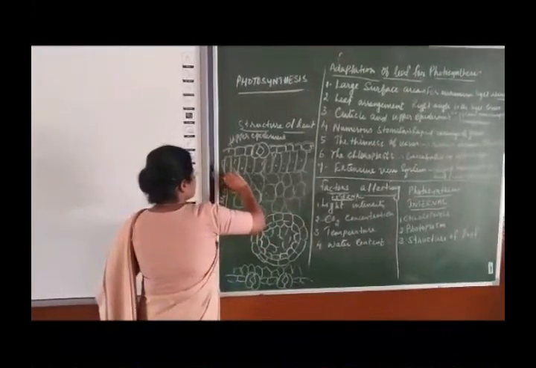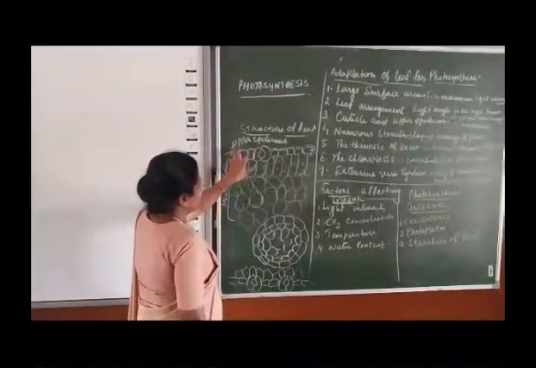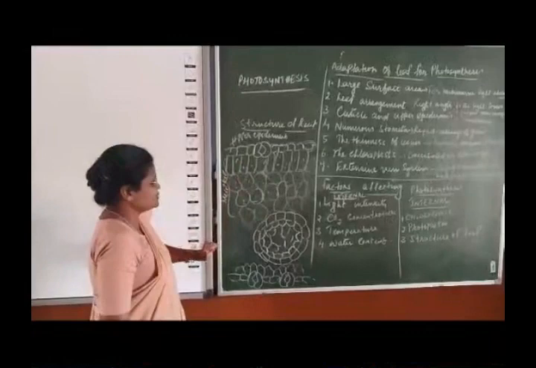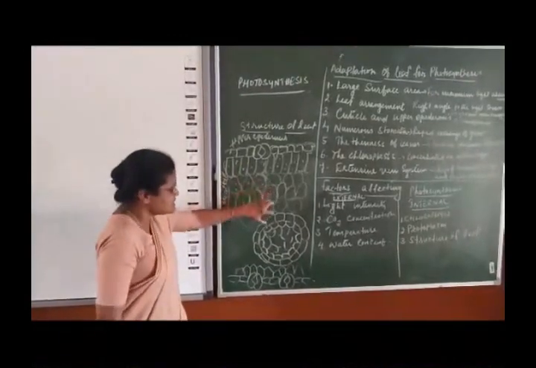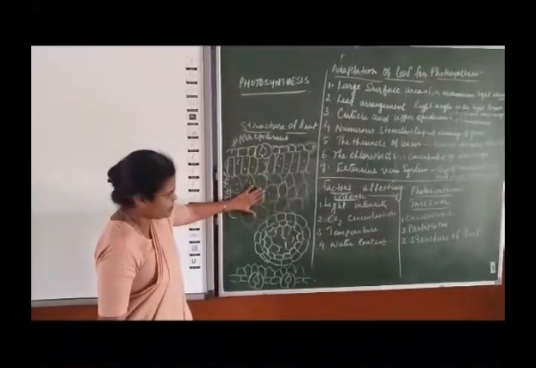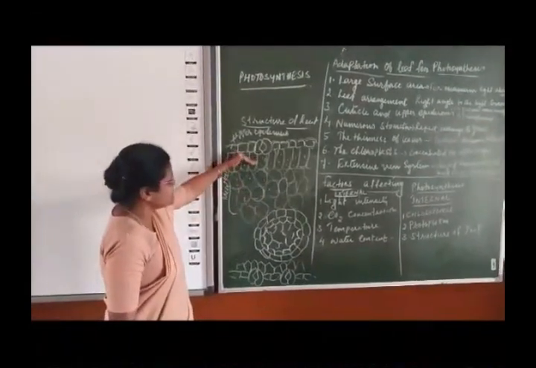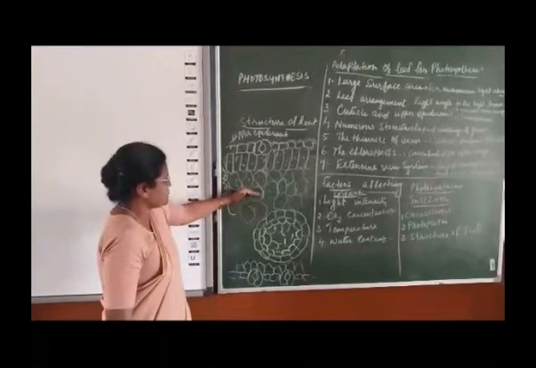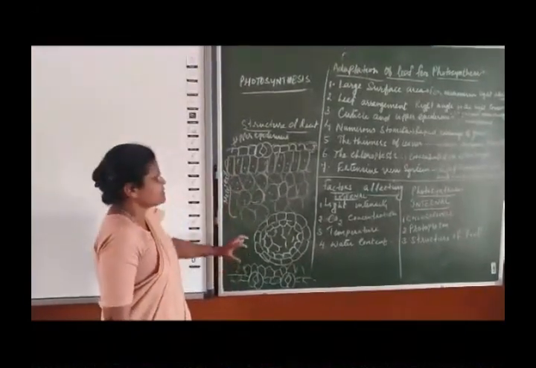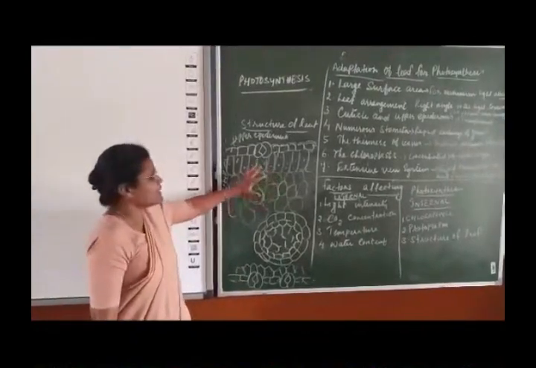Now these mesophyll cells are made up of rectangular-shaped palisade tissue and a group of cells with intercellular space called spongy parenchyma. So the palisade cells and the spongy parenchyma are collectively called mesophyll cells, in which the chloroplast is abundantly embedded.